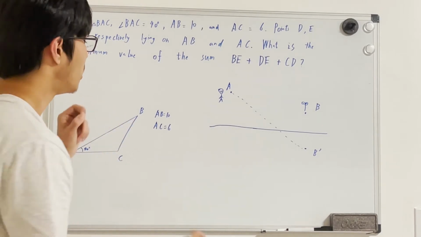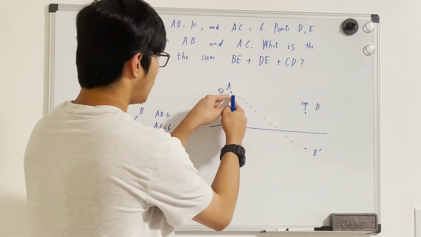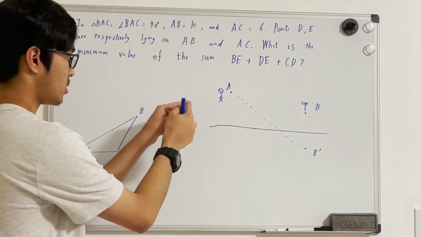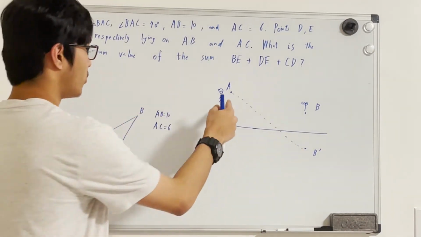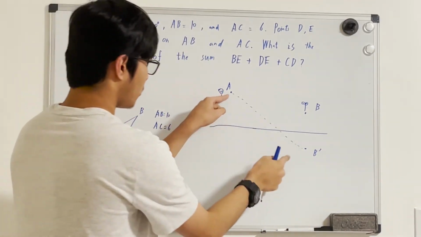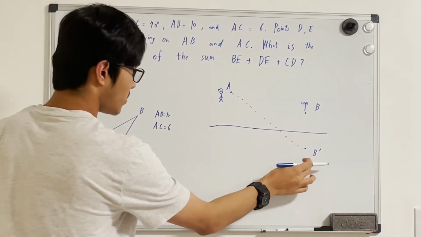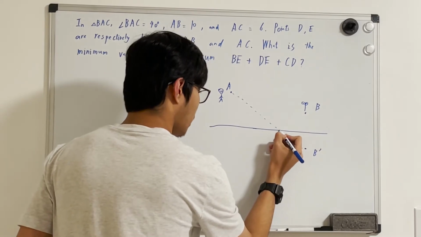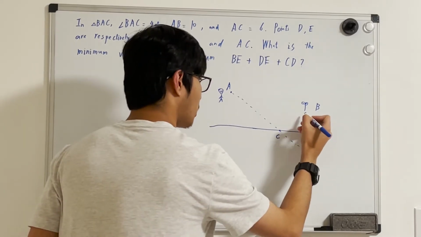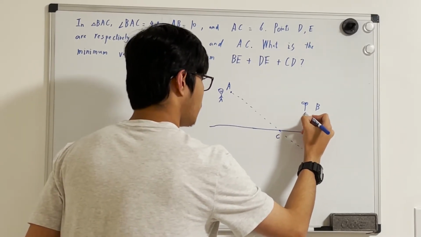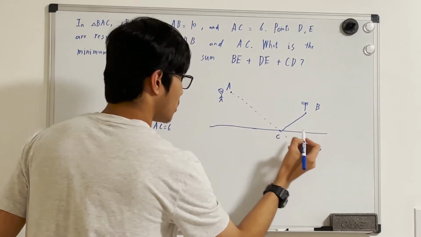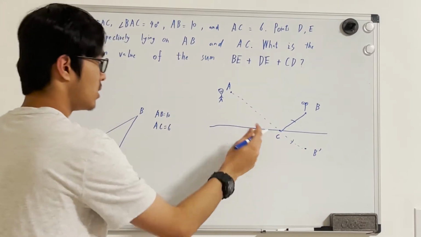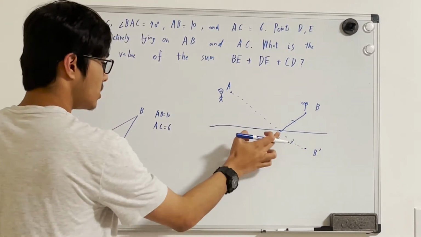What does this mean? It means that from A to B prime is the shortest distance, equal to the path from A to B via the river, because B prime is the reflection of B. So if we label this as point C and connect BC, because it's a reflection, BC equals CB prime, and AC is still the same.